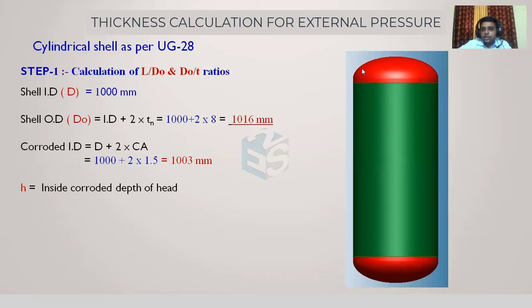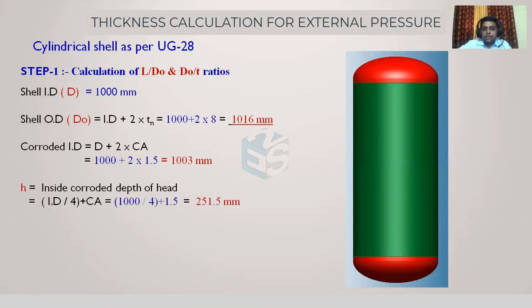If it were a complete ellipse we might have considered it twice, but here it is a semi-ellipse, so the corrosion happens in only this direction. So the corroded inside depth is ID by 4, where the ID is the finished ID plus 1 corrosion allowance. This is what we need to consider. Remember, as per UG-16, all dimensions must be in the corroded condition.